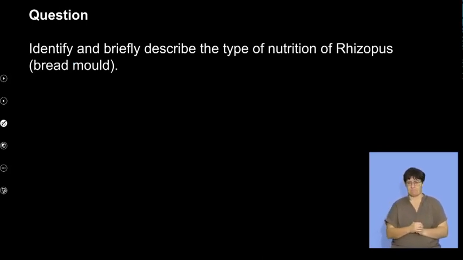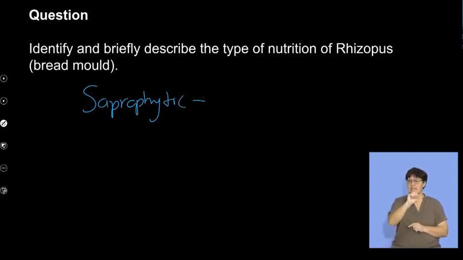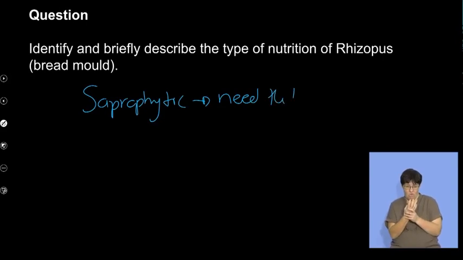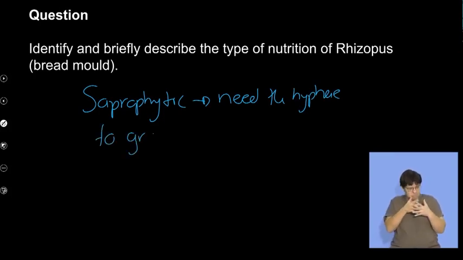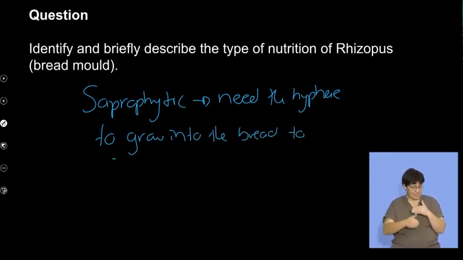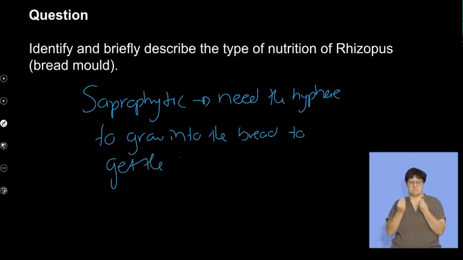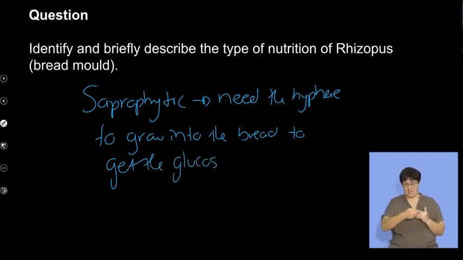Identify and briefly describe the type of nutrition of Rhizopus. Guys, it's saprophytic. What does that mean? It needs the hyphae to penetrate or to grow into the bread to get the glucose in the bread.